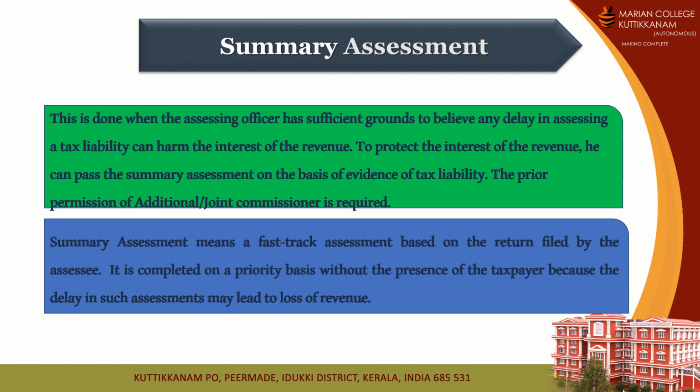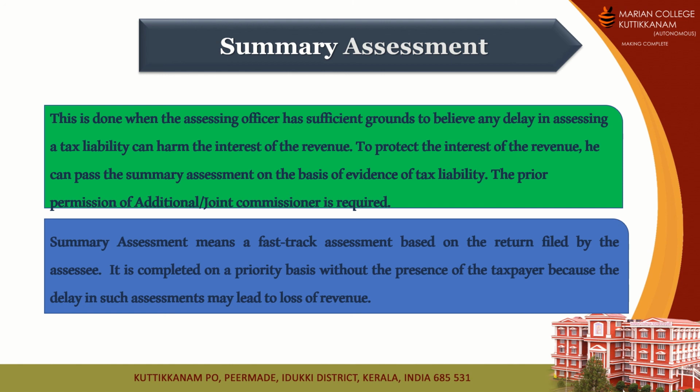This is only done after getting permission from the additional commissioner or the joint commissioner. The main aim behind such an assessment is to protect the revenue of the government, and thus it is known as protective assessment.